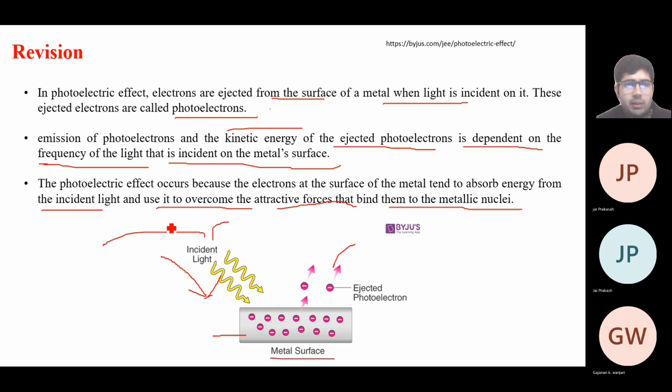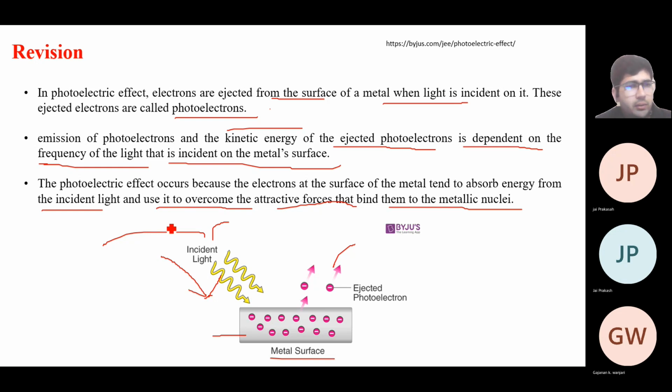They have some bond energy, but when the incident light impinges on the metal surface, that light provides some energy. By getting that energy, the electrons break the bond and are ejected from the metal surface, and they have some kinetic energy due to the energy given by the light.